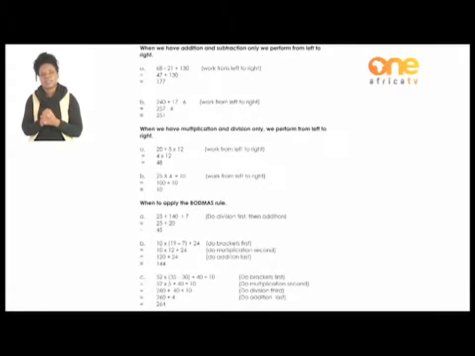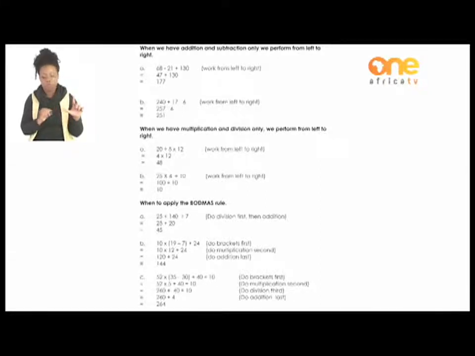We will also see one thing, boys and girls. We do each sum of the BODMAS separately. Let's try example B. 25 times 4 divided by 10. Here the multiplication is first, so work from left to right.